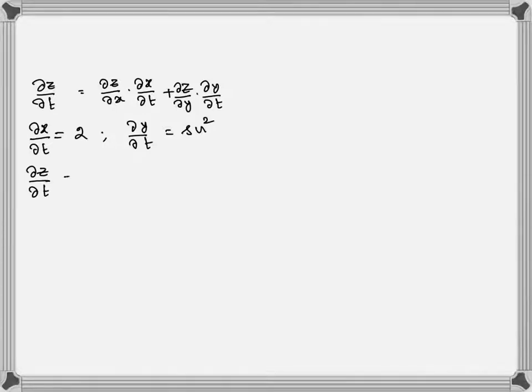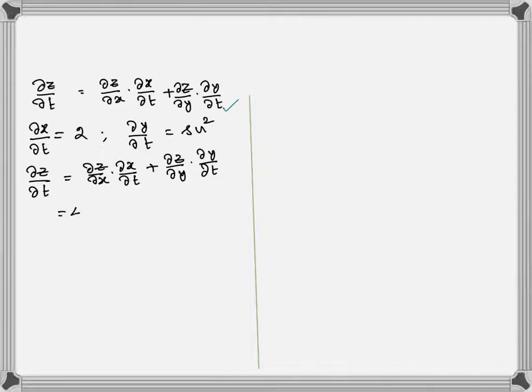So partial derivative of z with respect to t would be, substituting them in that step, we get 4x cubed plus 2xy, which is dou z by dou x, times 2, plus dou z by dou y, which is x squared, which we got in the previous step A as well. So that is what we are quoting here, times dou y by dou t, which is su squared. So we got this far.